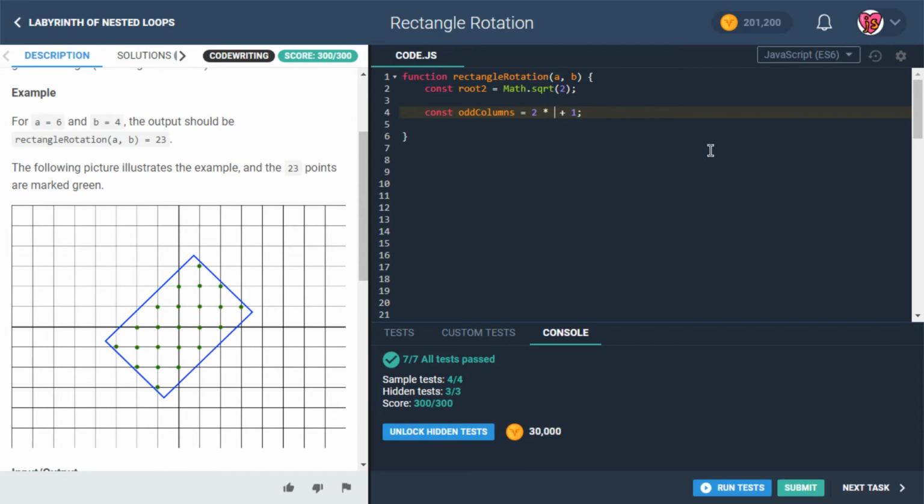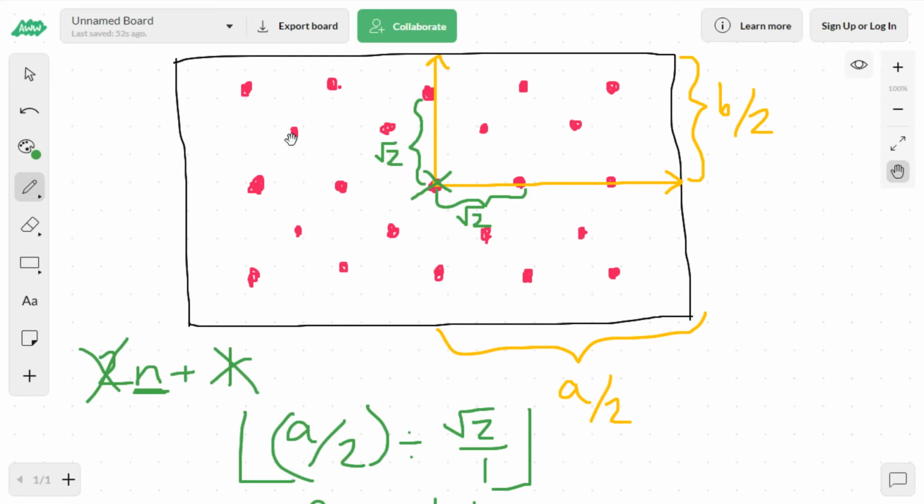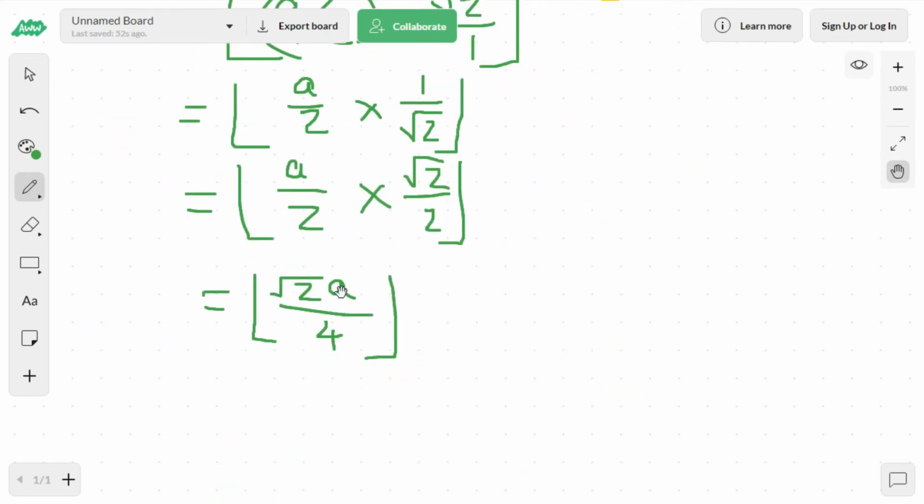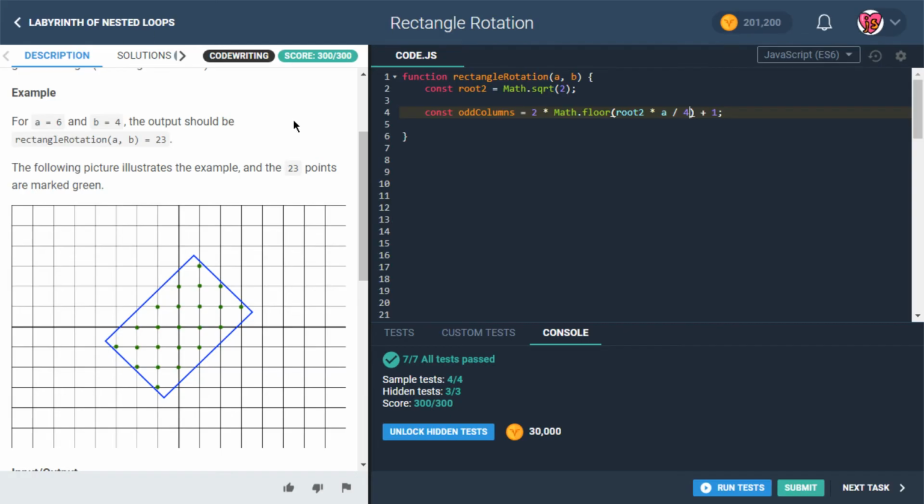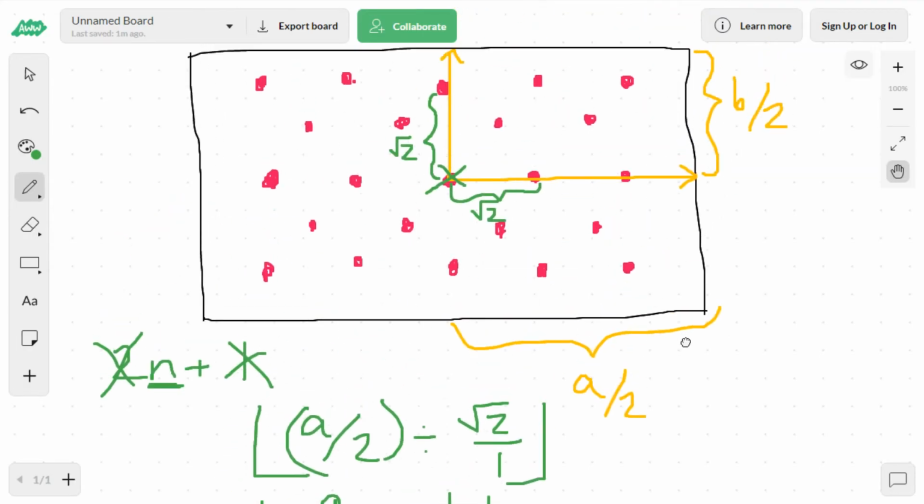But what did we find that n was? It was math.floor of something like root 2 times a divided by 4. Let's see. Root 2 times a divided by 4, take the floor of that, multiply by 2, add 1. We're good. Okay, so that's the odd columns.